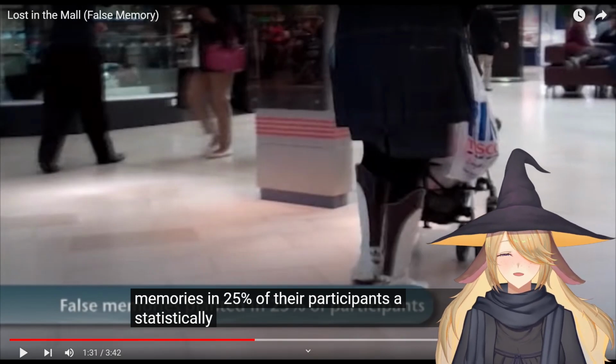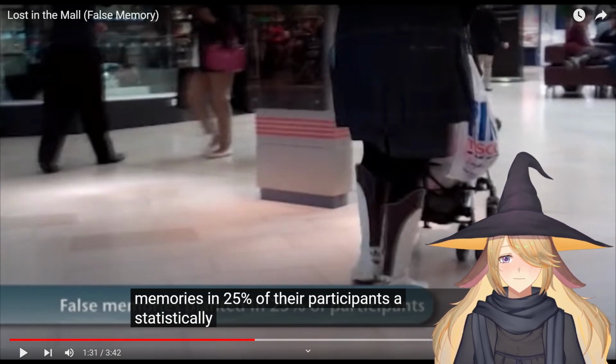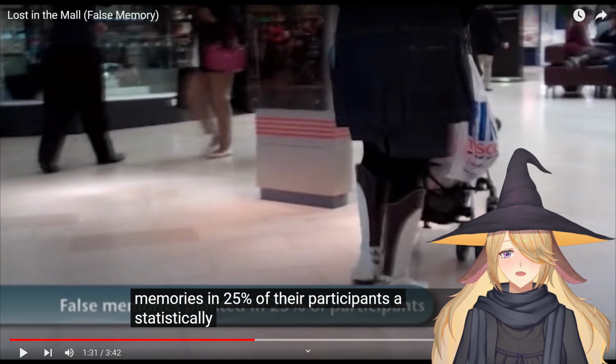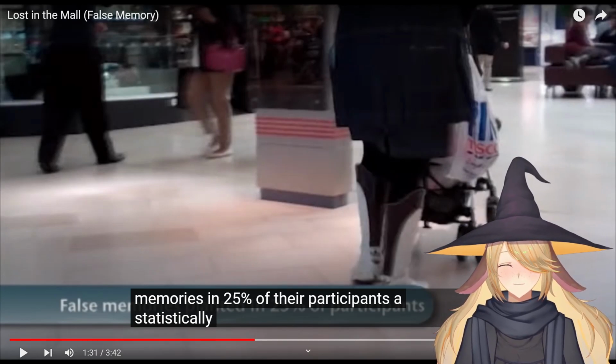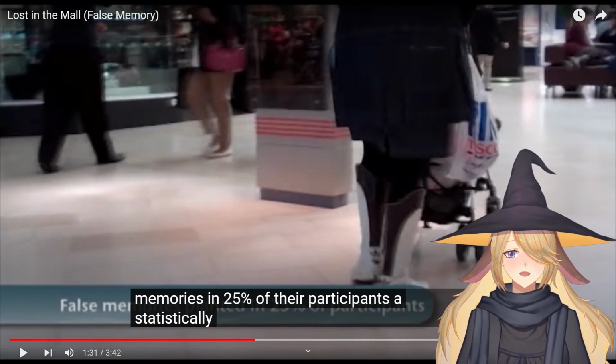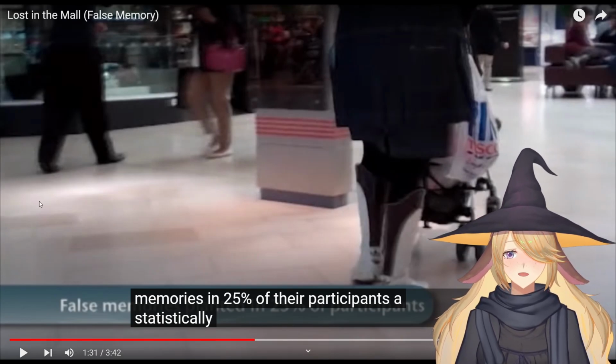But in those moments, these people would, based on some seeded information, be able to extrapolate and create extremely rich and detailed flashbulb memories that were completely fabricated.